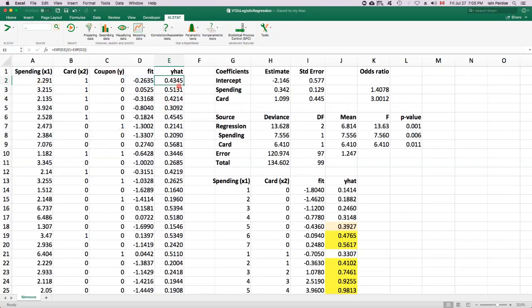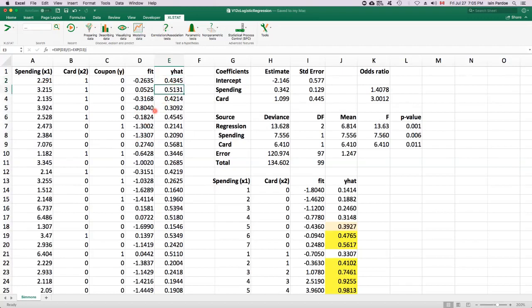So for this customer, we get an estimated probability of 0.4345. So that's the probability that this type of customer will use the coupon based on the sample data.